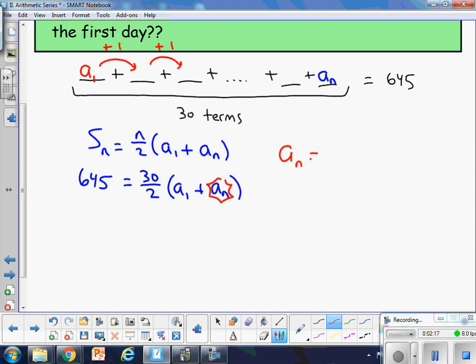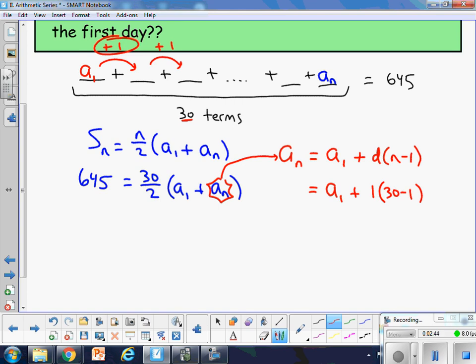Since it's arithmetic, we have an explicit formula that's always a1 plus whatever the common difference is times n minus 1. That's an explicit formula for a sub n, the nth term. We don't know a1. d, the common difference, is this +1. And we know there are 30 terms, so that's n.